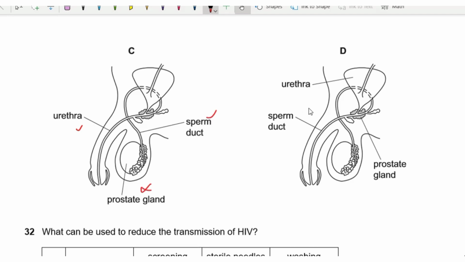Now if you look at option D, this is not the sperm duct, it's rather the urethra. This is wrongly labeled, although this is correct. So our perfect answer is option A. Okay, then we'll now proceed to question 32.